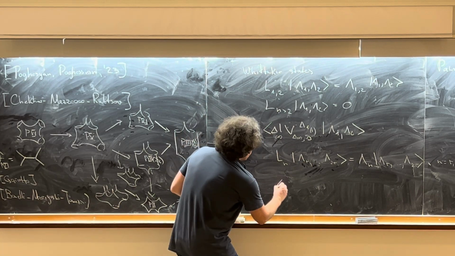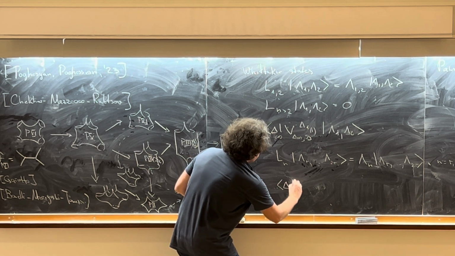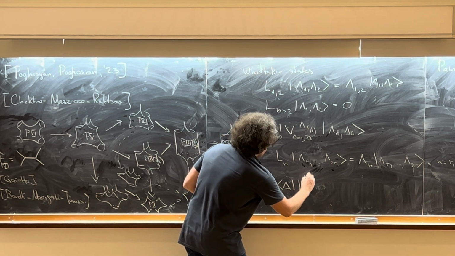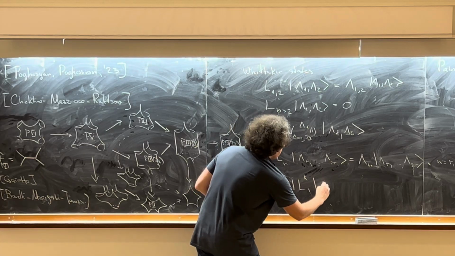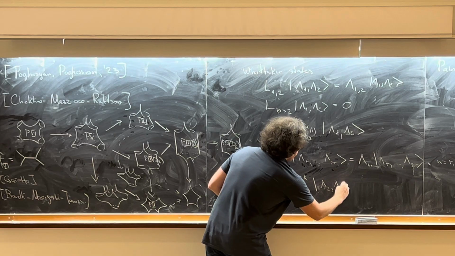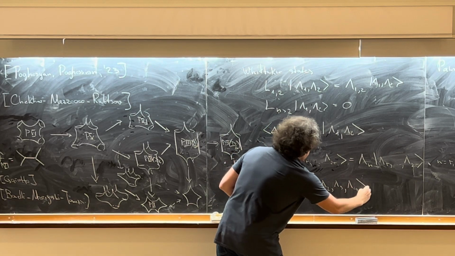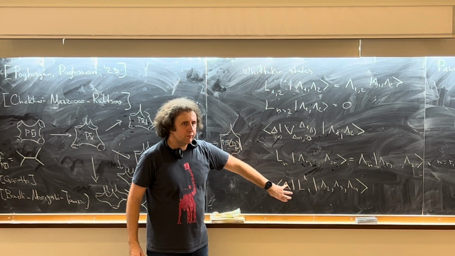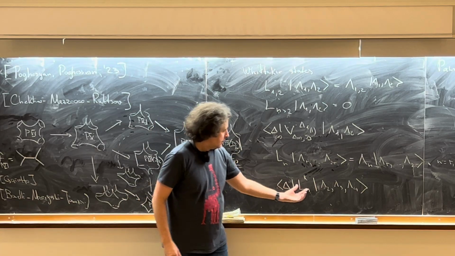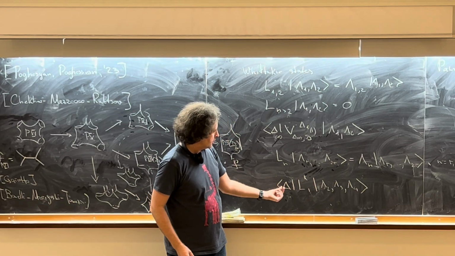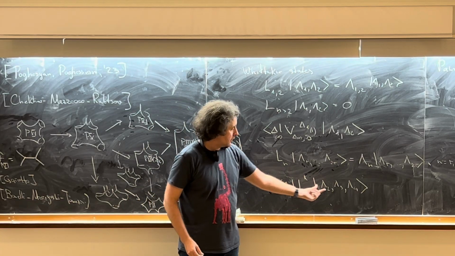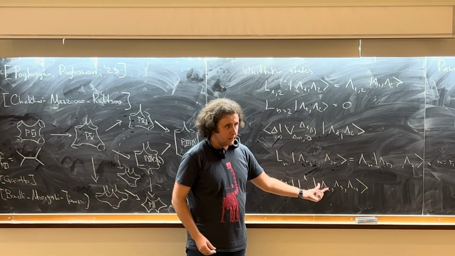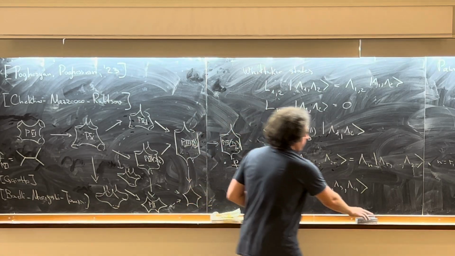So basically, when I write something of this form, L1 to the power k, lambda 2, lambda 3, lambda 4, I cannot express any such 3-point functions in terms of just a scalar product of the highest weight and Whittaker state. Okay, and this is a problem.